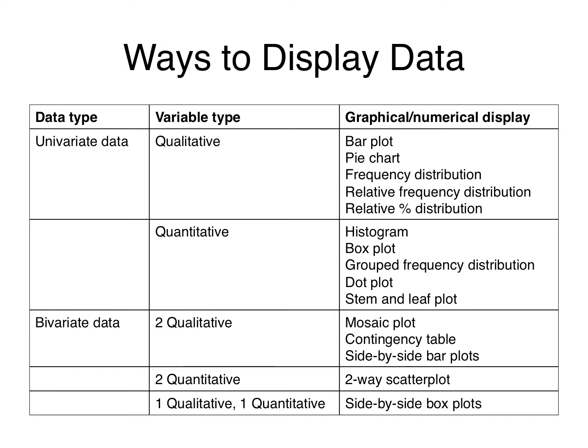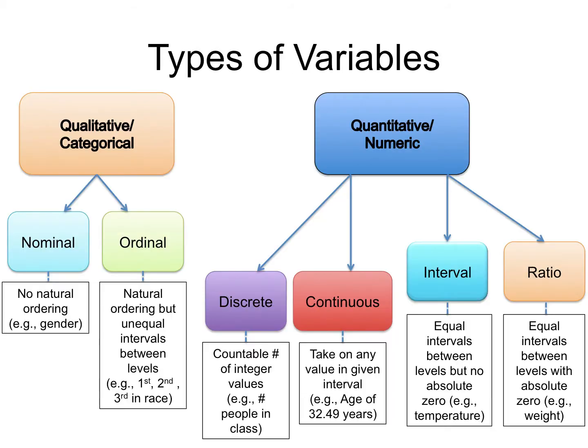Some variables can be either qualitative or quantitative depending on how we define them. For example, with weight, we could use per pound increase, or we could categorize this into overweight versus not overweight. I'll quickly review the different types of qualitative and quantitative variables, but this is all in Module 1.